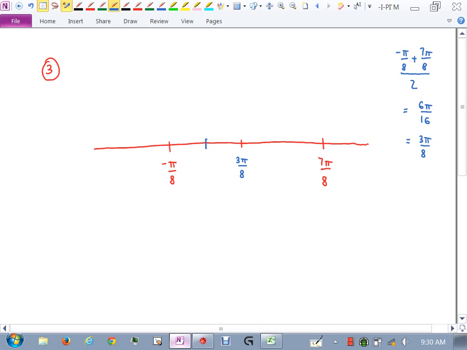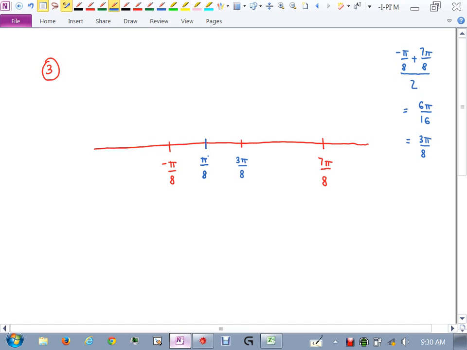What's negative pi over 8 plus 3 pi over 8? 2 pi over 8. Divide by 2. 2 pi over 16. And that's just pi over 8, right? If you needed to, do it on the side, all right? But does anyone have a question as to how I got that? Or you understand what I'm doing with that?